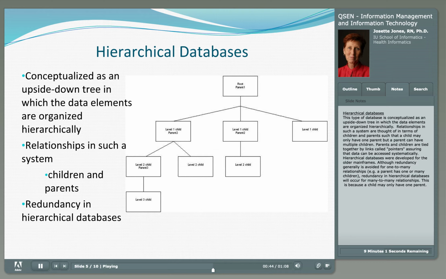Hierarchical databases were developed for older mainframes. Although redundancy is generally avoided for one-to-many relationships, redundancy in hierarchical databases will occur for many-to-many relationships, and it is mainly due to the effect that a child may have only one parent.